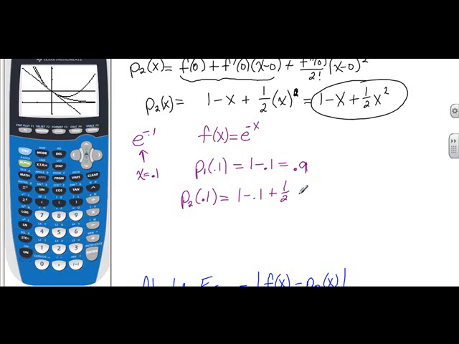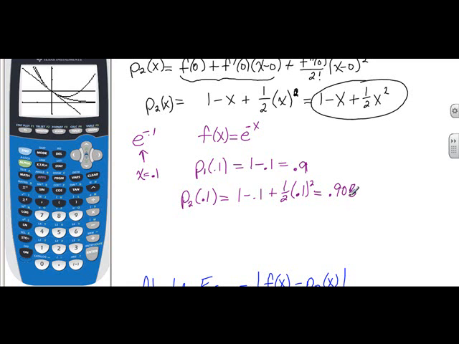And of course you can use your calculator to evaluate these, and if you had more than 2 or 3 terms, you definitely would want to let the calculator do that work for you. That value is 0.905.